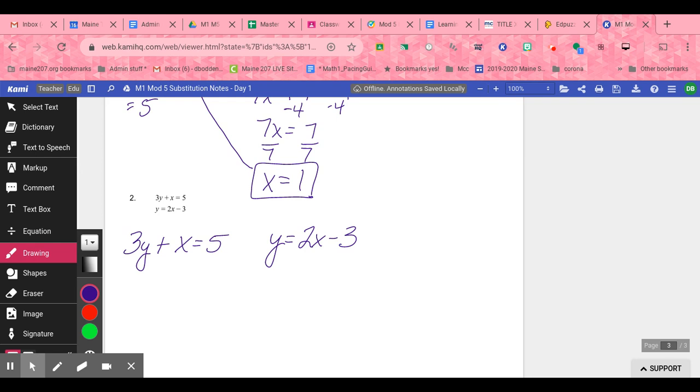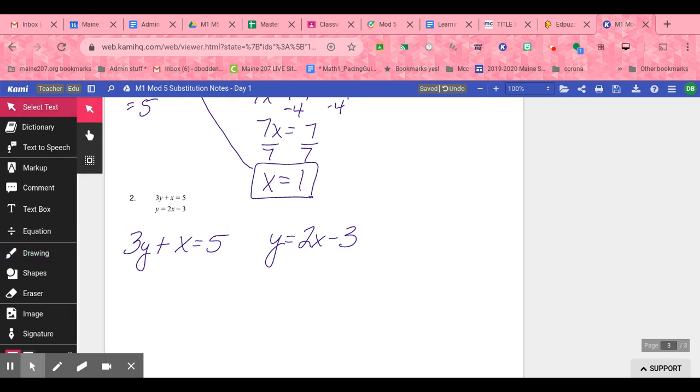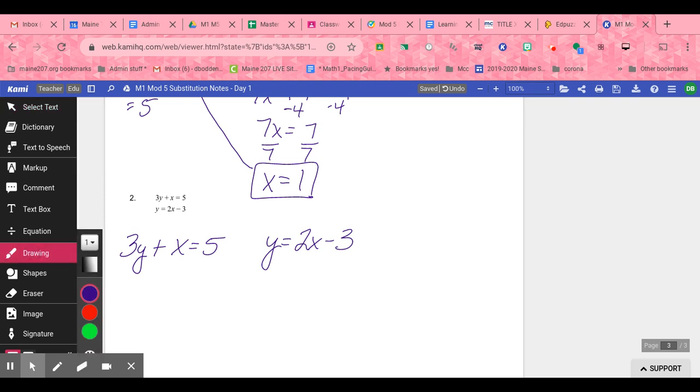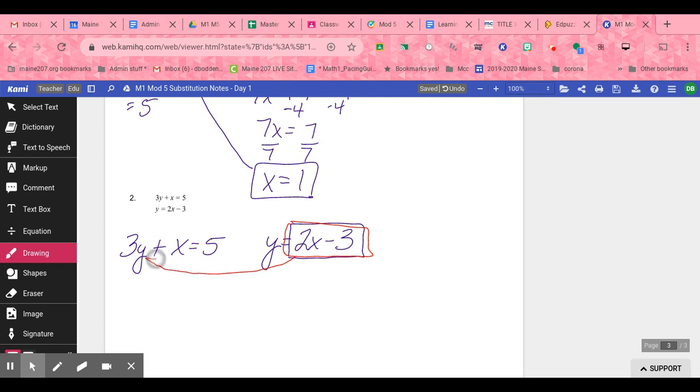All right, if you remember, step 1 says, choose an equation and solve for a variable. Well, I already have a variable solved for right here. So I'm going to choose this equation right here. Then for my second part, I'm going to take what y equals, come over to the other equation, and substitute that in.